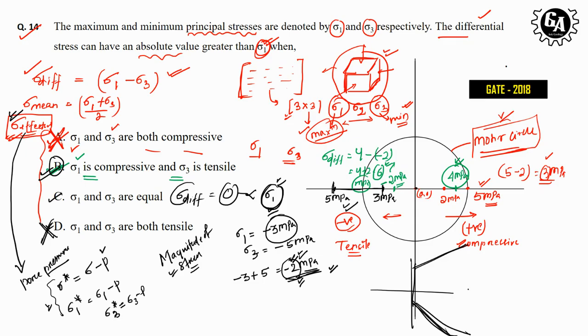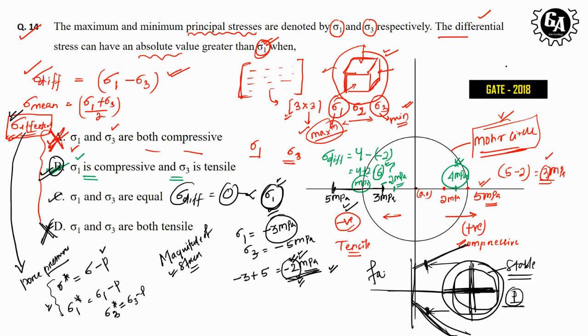Now if this body is present here and it is stable, and it contains some amount of pore pressure, then the shape of this circle will not change, or the state of stress of this particular body will not change, but it will move towards this direction if pore pressure is associated with it. And when it touches this curve, these tangents, then that is the condition of your failure. Now this body will fail.